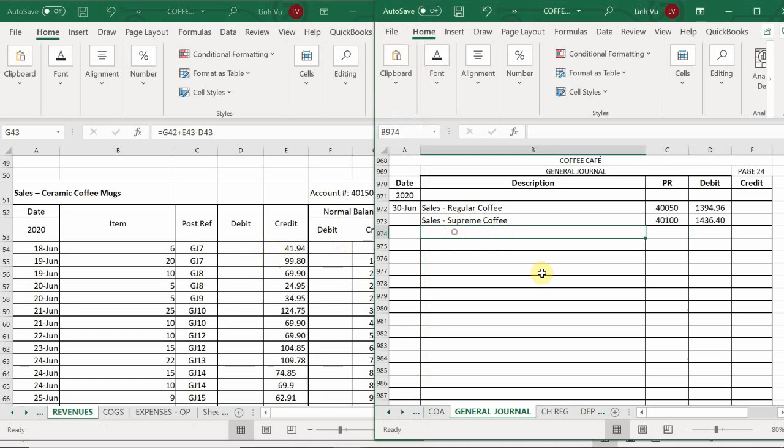Next account we have is our sales for the ceramic coffee mugs, which is account number 40150.